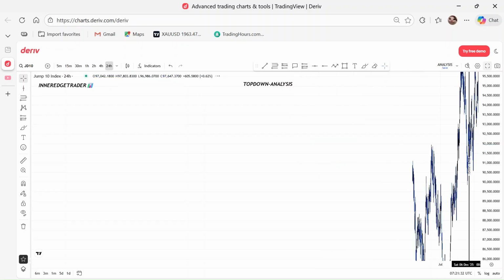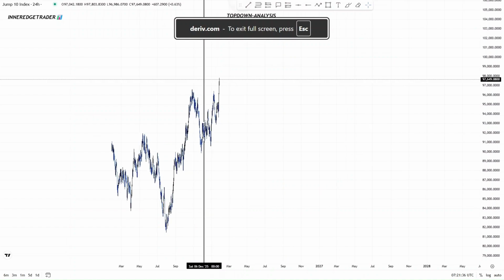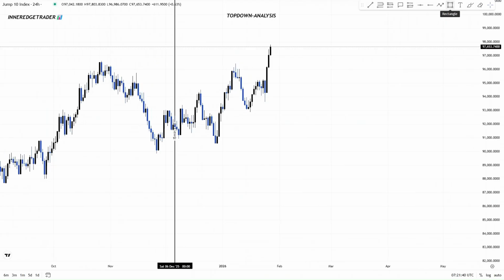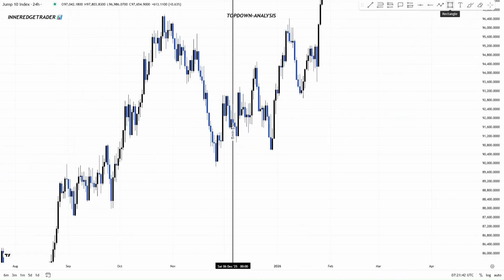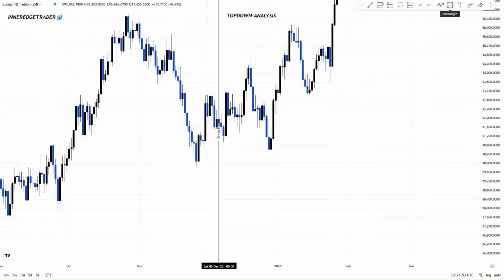So going back to our daily time frame. Now we have our 15 minute entry, and normally I would have done a full top-down analysis from very far, but I don't want to go too far in analyzing the market. So we just start from where I highlighted.